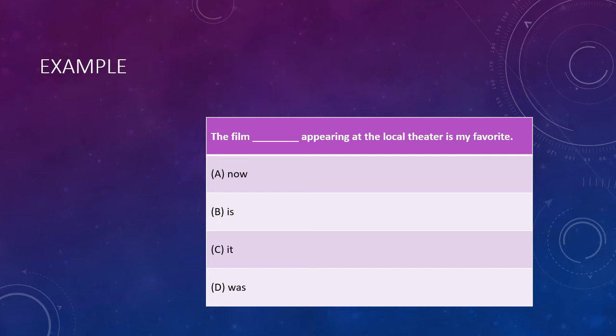So we have everything. We have the subject, we have the verb, and we have a complete prepositional present participle phrase. So what's missing then? What we can add here in the sentence is only an adverb. So the answer is A, now.